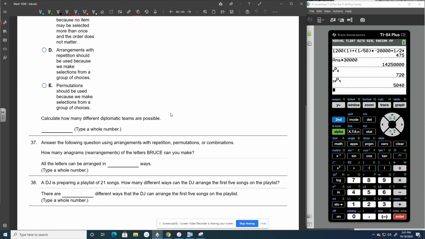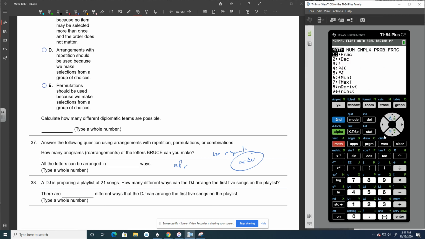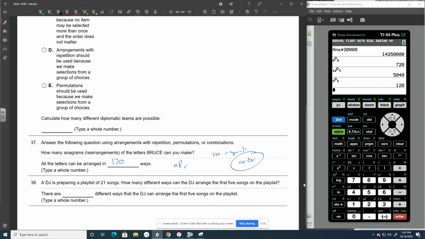So we can't repeat, there's no repeat, and order does matter. So we're going to use a permutation again. I'm going to do math, go to permutations, and out of 1, 2, 3, 4, 5 letters, I want to know how many different ways I can spell those 5 letters. So there's 120 different ways that those 5 letters can be ordered.